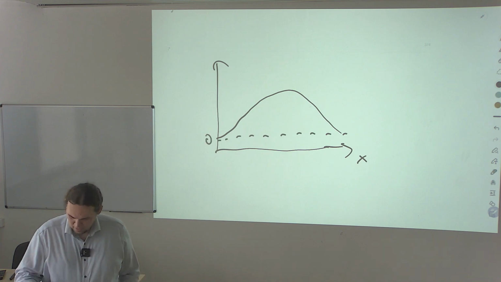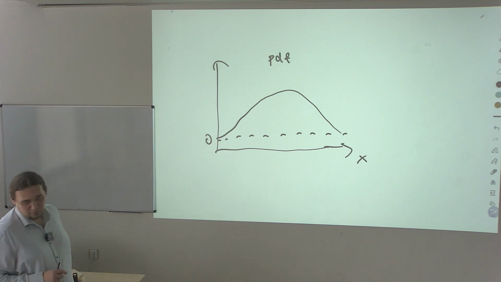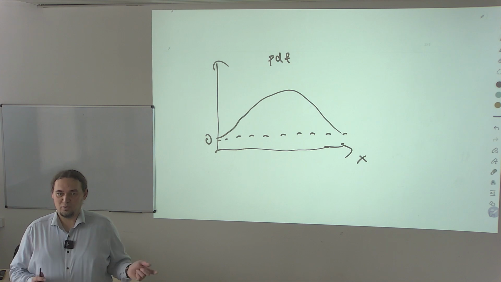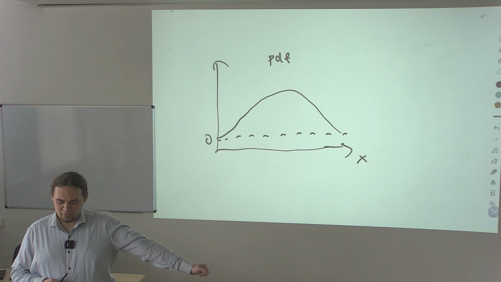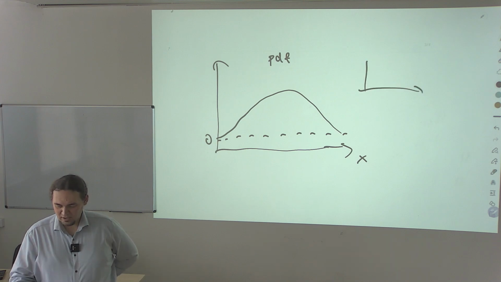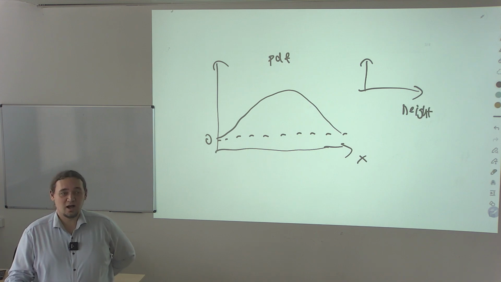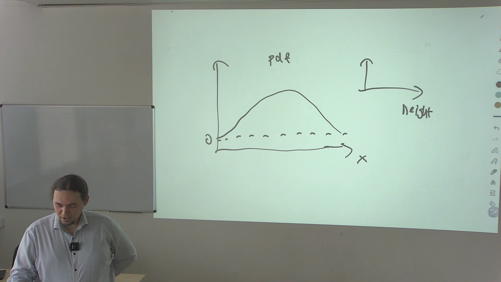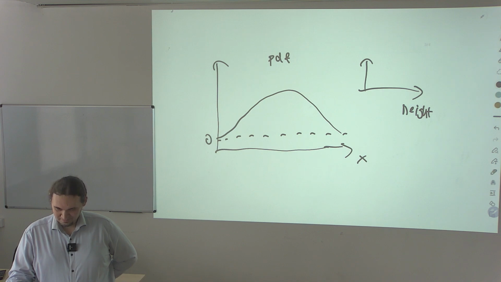So let's say that we have our PDF. This is what we obtained from the data. A standard example is height. If we take us as a population, we can also calculate the exact value if we just choose different borders of the integral.